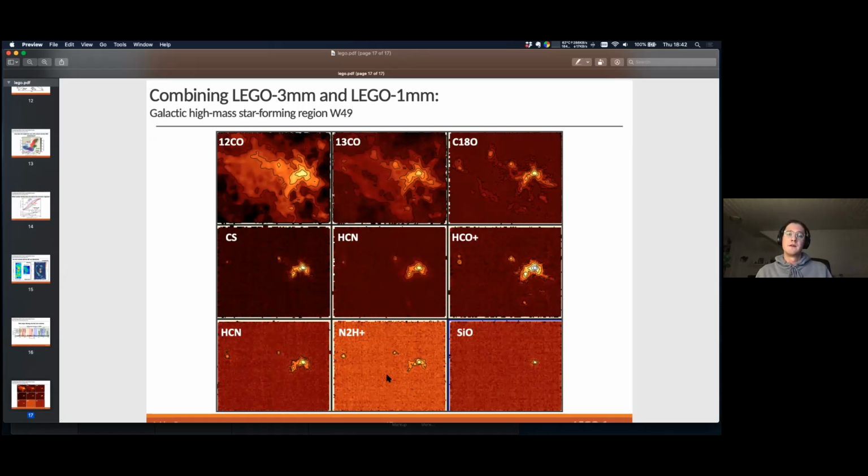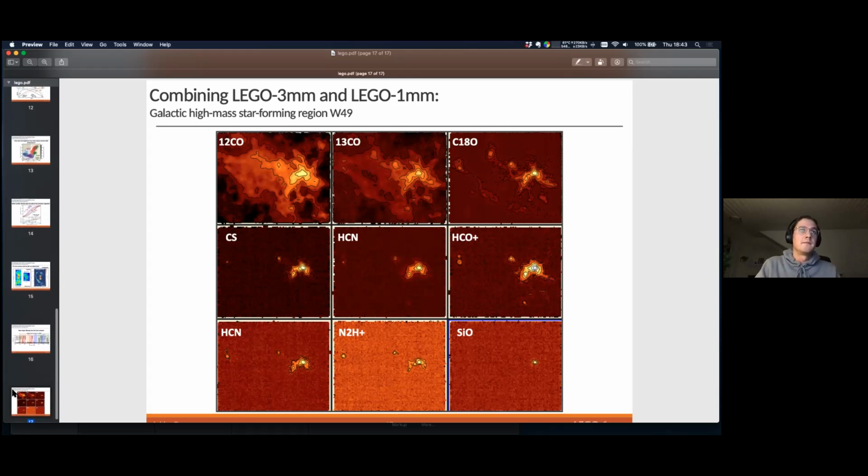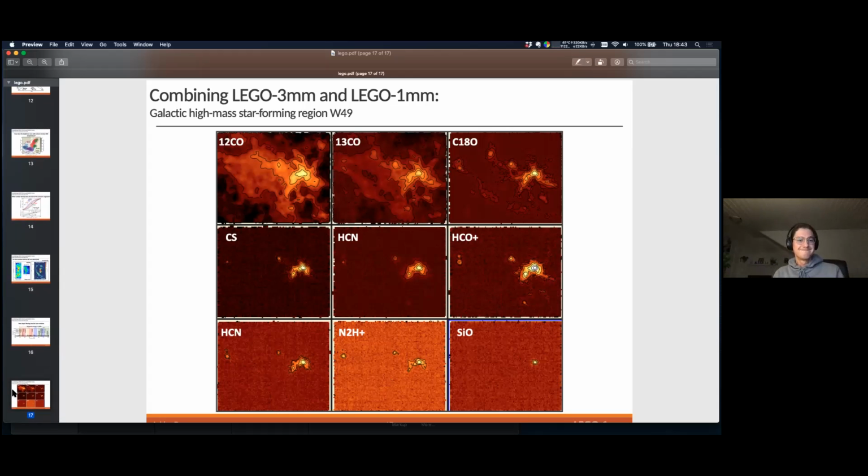I was working on this earlier this week, and I just wanted to show it because I think these are very nice detections, and I think there's some interesting science we could do here, following up on our results in the 3mm window. And yeah, that's all my slides.